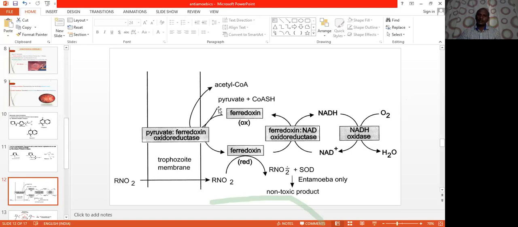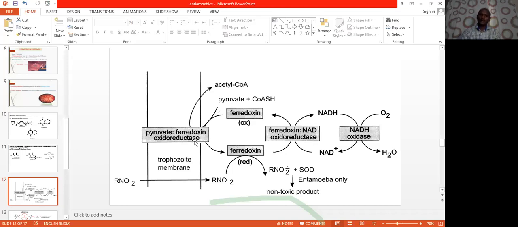Of these metabolic reactions, the conversion of pyruvate to acetyl-CoA is done by pyruvate ferredoxin oxidoreductase. This is the enzyme which converts pyruvate to acetyl-CoA. It is not there in humans, only in Entamoeba.